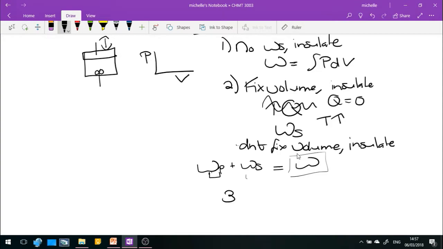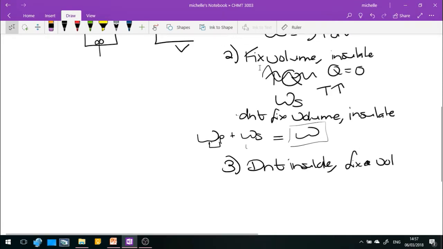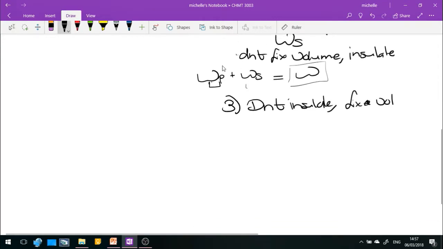And then you also get a case where you don't insulate, but you fix the volume. If you fix the volume and don't insulate, what's going to happen? We have state 1 where maybe I put my piston on, or I put my stirrer on, and I have a change in my pressure and my volume.